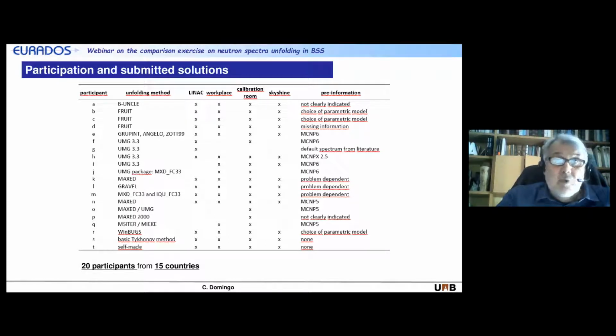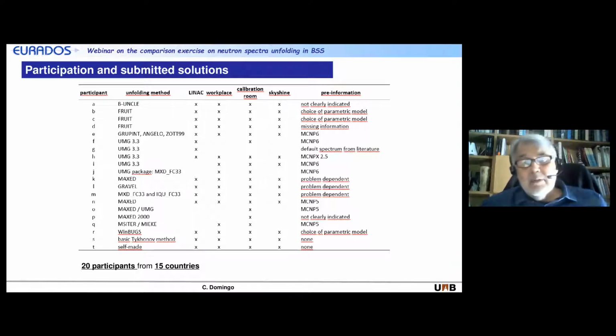And there's the approach of making more mathematical operations, trying to minimize the dispersion between the accepted spectrum and the counts of the spectrometer. For doing that, we need to start from a guess spectrum. And I have to stress that the results of the unfolding depend very much on how good the starting spectrum, the guess spectrum, is. So basically, FRUIT allows using the parametric mode, other codes also. And basically, MAXED and GRAVEL need a guess spectrum to start the unfolding.